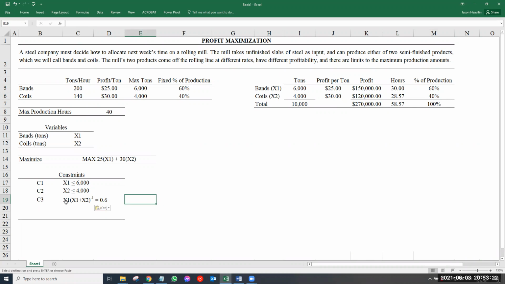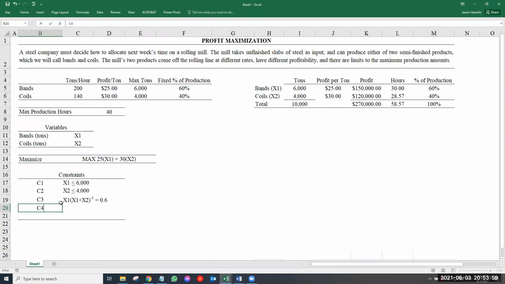So X1 bands times the total production with a -1, so it creates that 60% like we did here, has to equal 0.6, not less than or greater than. It has to equal 0.6 of total production. So this formula here is representing what we did here. It's just that we already used the total instead of adding them here. But for proper measure, we just write it as we go.